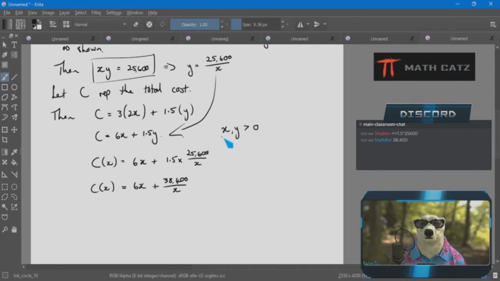If x gets really small, then based on this over here, y is going to blow up and approach infinity. But I am restricted a little bit, of course. I don't know my length of my fence or my space that I practically have available. They don't really tell me that. And as y gets really small, x is going to blow up to infinity.